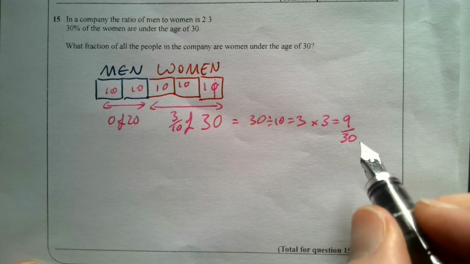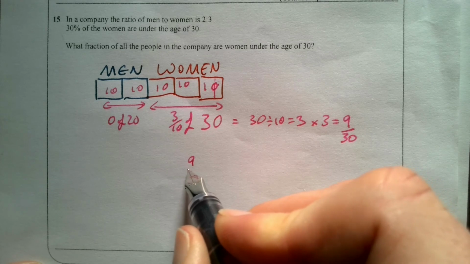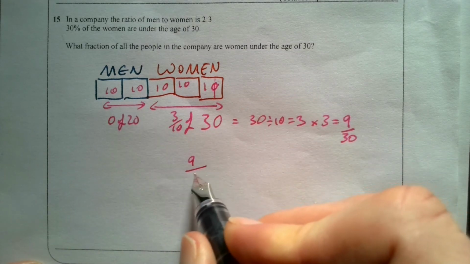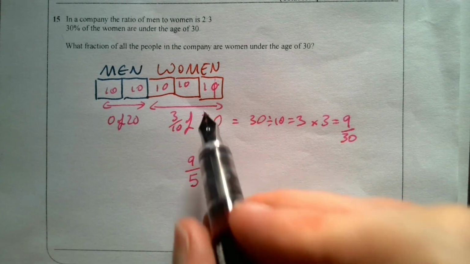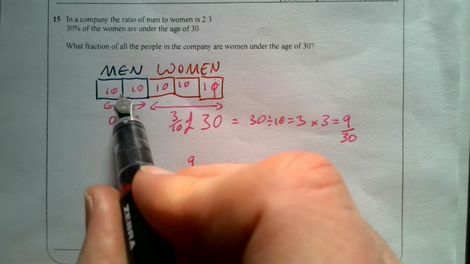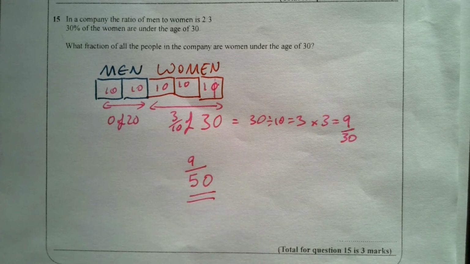So we've got 9 out of 30 plus 0 actually gives us 9 out of 50 in the end. So we've got 9 of those plus none of those, making 9/50 as our final answer.